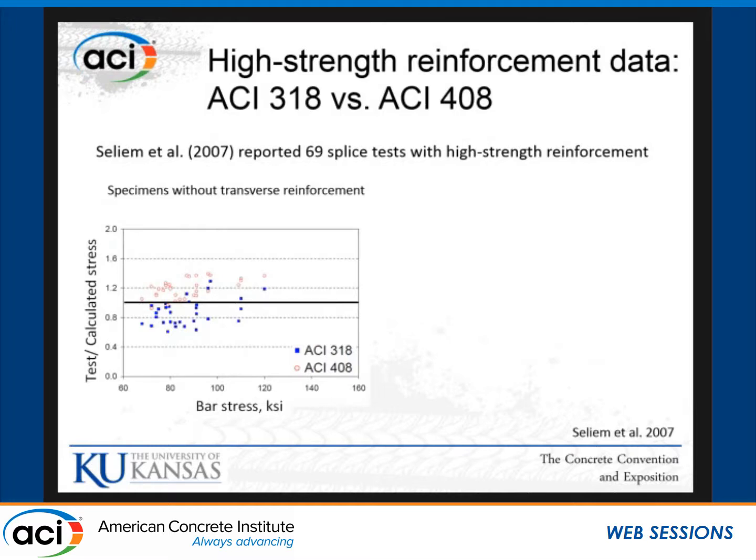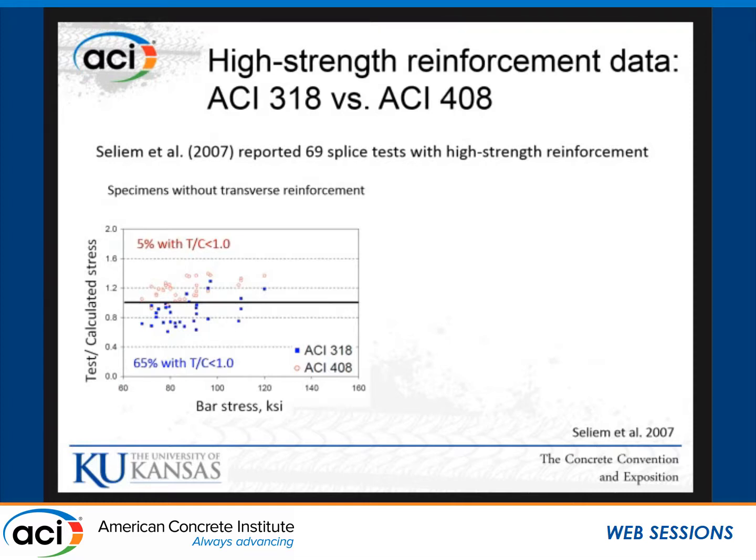For specimens without transverse reinforcement, they found that 65% of specimens had a test over calculated stress ratio less than 1 using the 318 equation, while only 5% of the specimens had test over calculated less than 1 using the 408 equation.